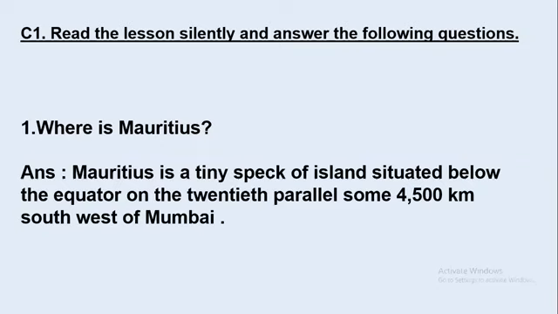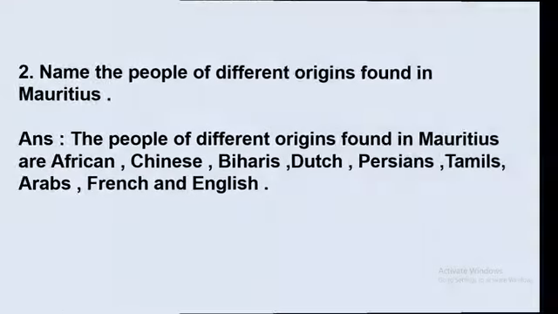So if the question arises like this, where is Mauritius, you have to write this answer, that it's a tiny speck of island situated just below the equator on the 20th parallel, some 4,500 kilometers southwest of Mumbai.